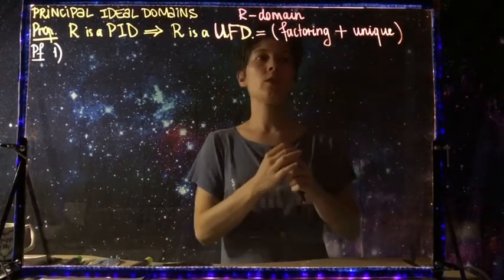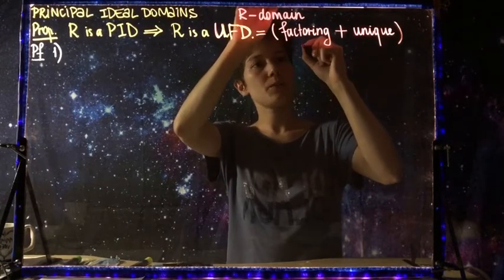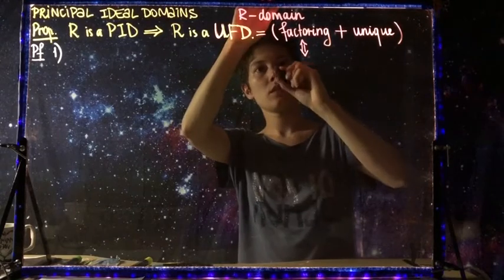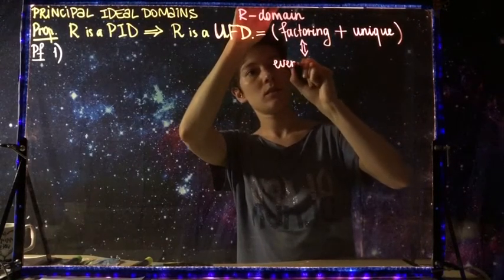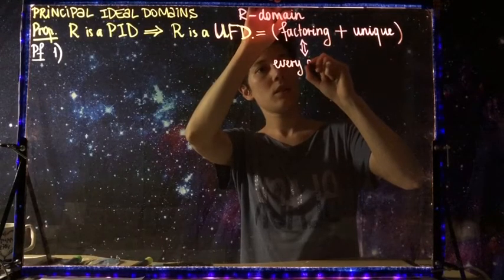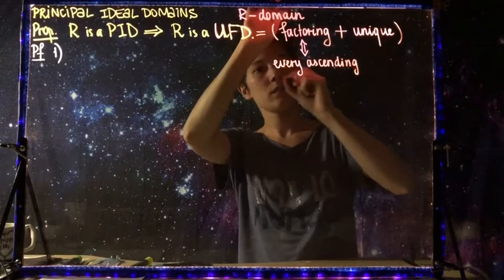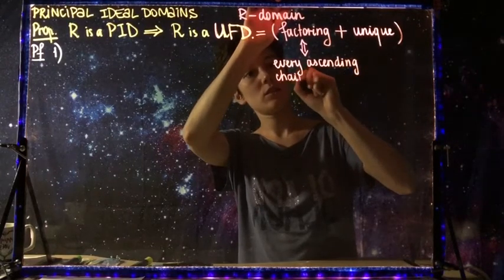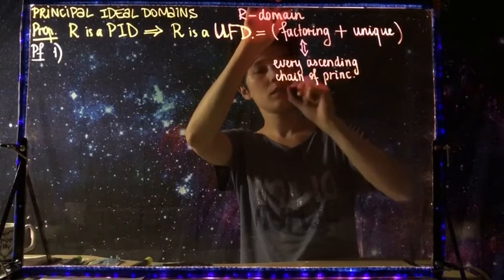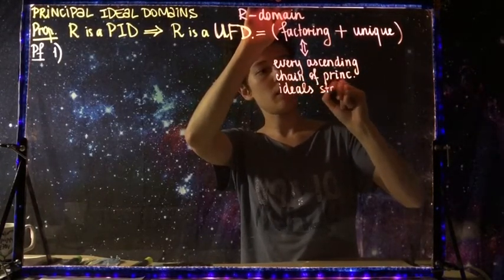And we showed last lecture that factoring terminates if and only if every ascending chain of principal ideals stabilizes.